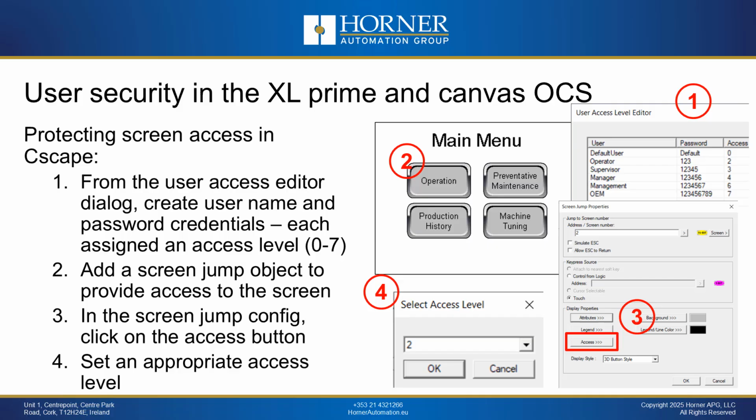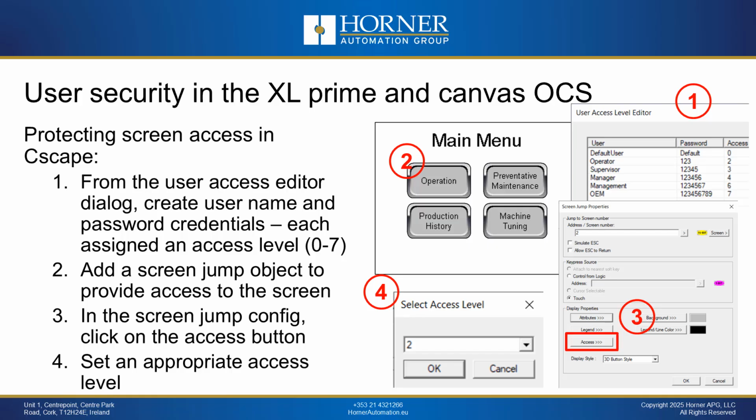Once you have entered the username and the password credentials, next you are going to want to place it in order to protect the screen. You are going to want to place a jump button on the screen, and when you configure that jump button, you can also configure the screen it jumps to. But you are going to press the access button and set the access level for that jump button.